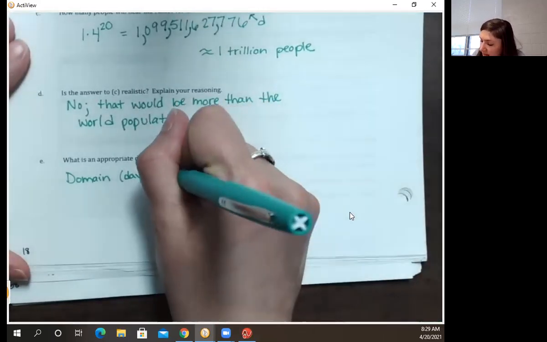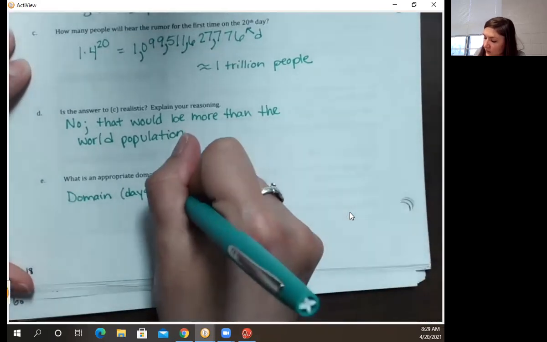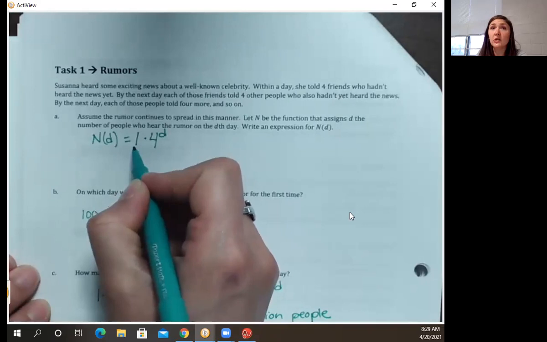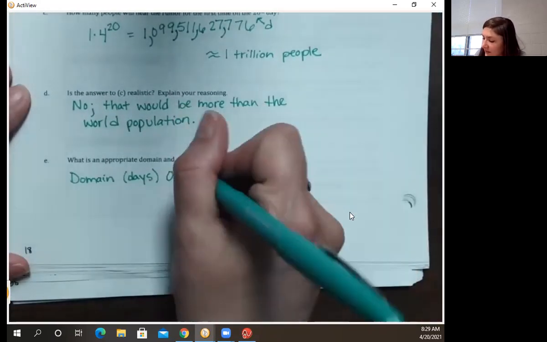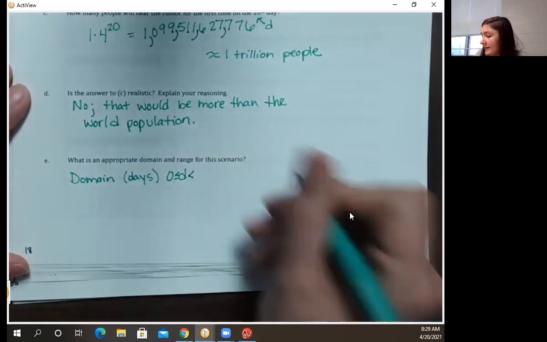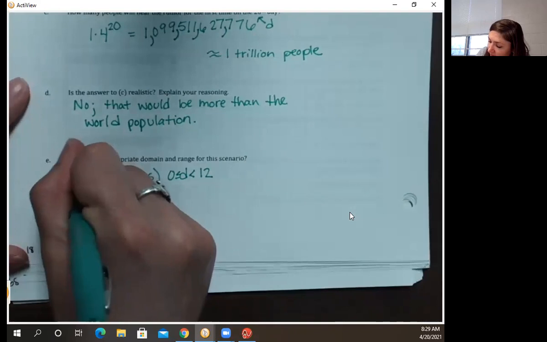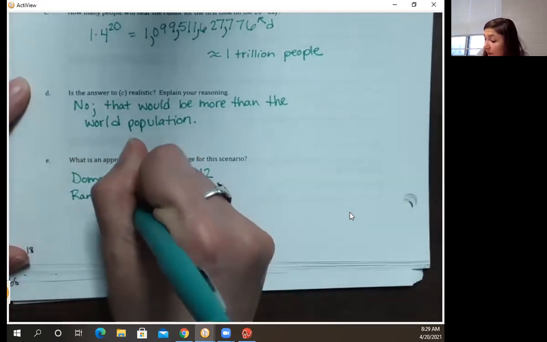So I want a D that's going to be greater than or equal to 0. Equal to 0 because we have that initial amount from what we're going to call the 0th day when that first person learns. And then probably something less than, we'll say 12 days. For our range, that's going to be our number of people.